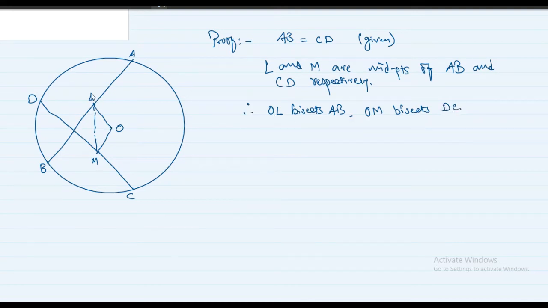Right, because L is midpoint of AB, M is midpoint of CD. So OL bisects AB and OM bisects CD.